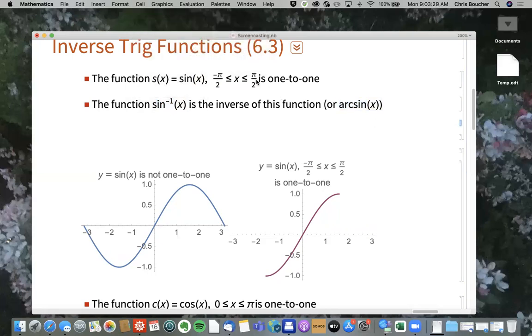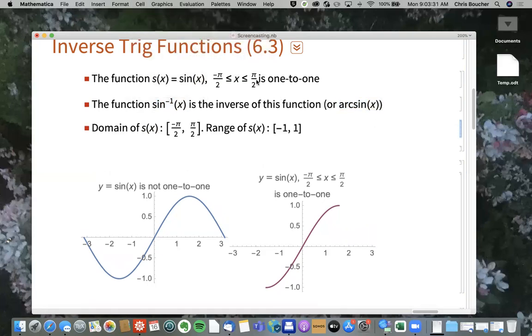Okay, so these two functions are inverses. Now that means that the arcsine, or the inverse sine, takes the outputs of the sine back to their inputs, right? Inverses operate in reverse directions. So whatever the inputs are for s of x, the outputs are for s inverse and vice versa. So for s of x, again, that's our restricted sine function, this is the domain because that's how we defined the domain.